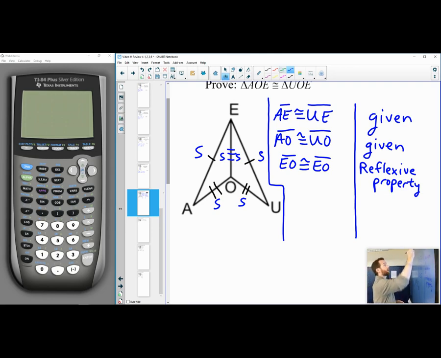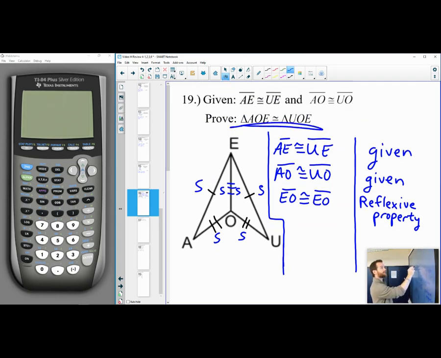All right, so we've got 1, 2, 3 things marked. That means we're ready to prove the triangles are congruent. I'm going to steal this right from the directions. The directions say those two triangles, so triangle AOE is congruent to triangle UOE.